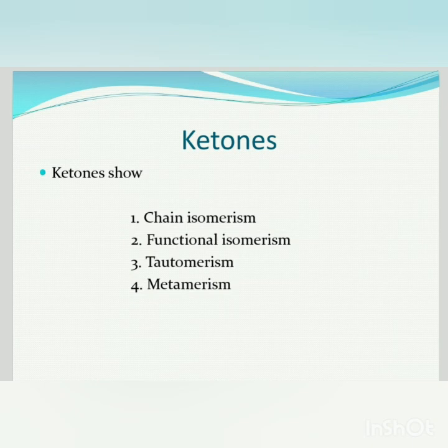So the compounds having the same molecular formula but differing in structural formula due to different alkyl groups around the functional group are called metamers, and the phenomenon is known as metamerism. So what is metamerism?